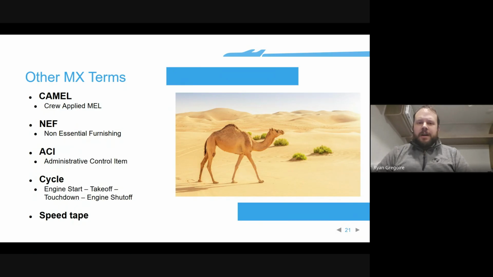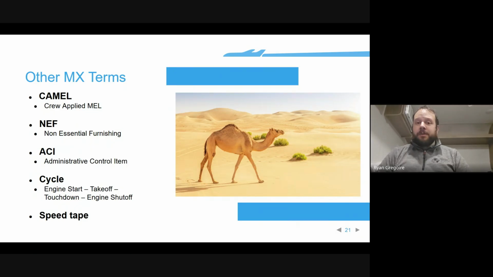ACI, administrative control item, not something you really need to worry about. You may hear it brought up when maintenance control is talking about stuff. That's going to be something on the airplane that, again, isn't really going to impact its legality for dispatch.